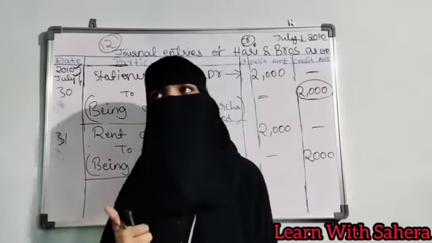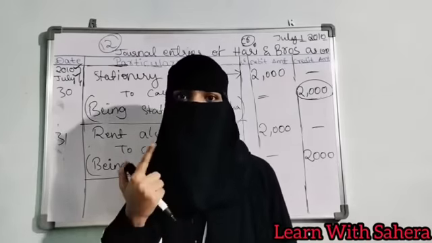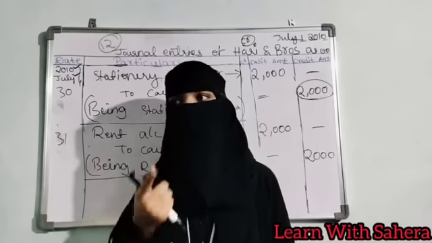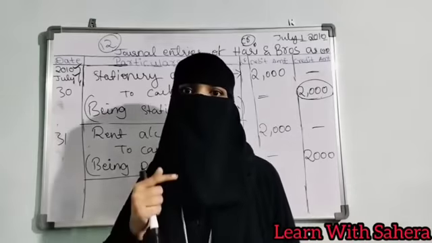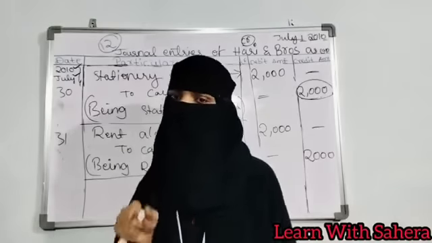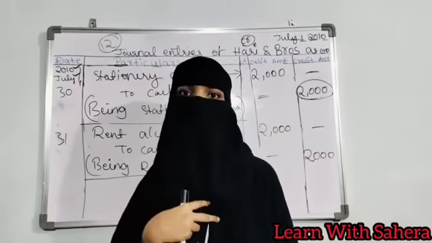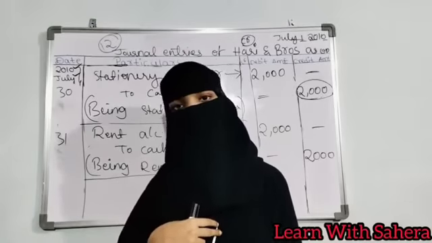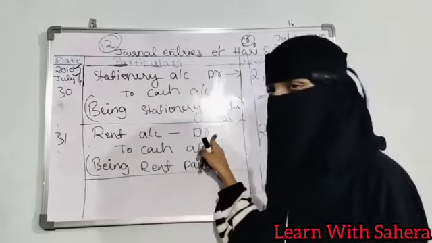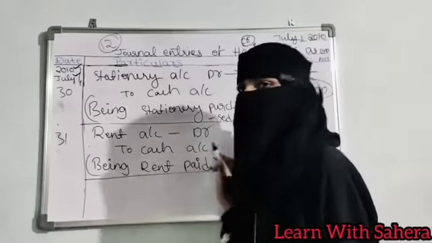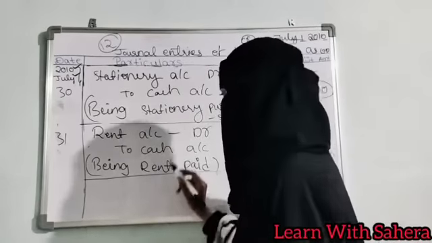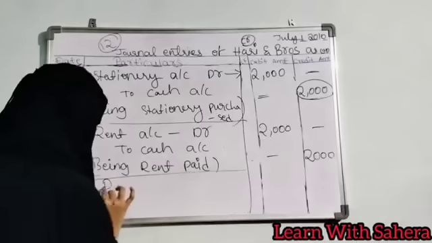And one more point: when it is discount allowed and discount received, how you should take the transaction, let me tell you all. If we are allowing the discount, what will it be, children? It will be a loss for us. So discount allowed we should take under debit only, because it is a loss. Expenses and losses are under the debit in the nominal rule.